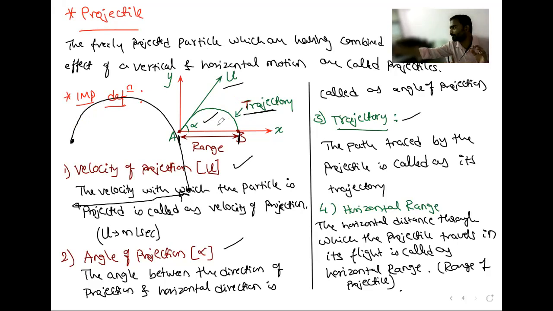This is your first ball. You throw it, it will come and touch the ground. Again it will bounce back, that is for the next path. This is for the initial. But each particle has only one range at one particular time. Next, after this point, the next path has the next range.